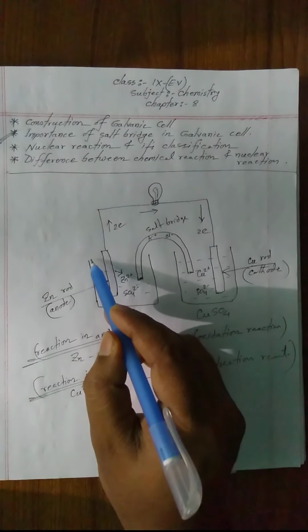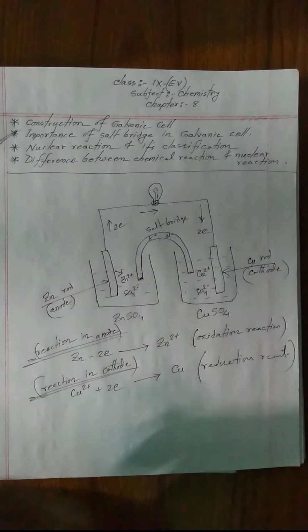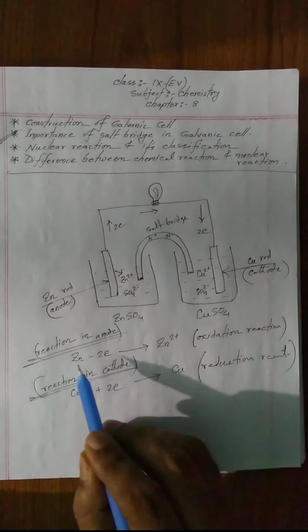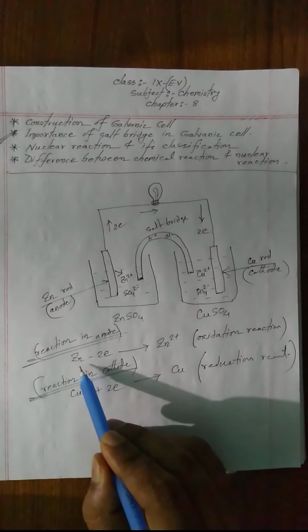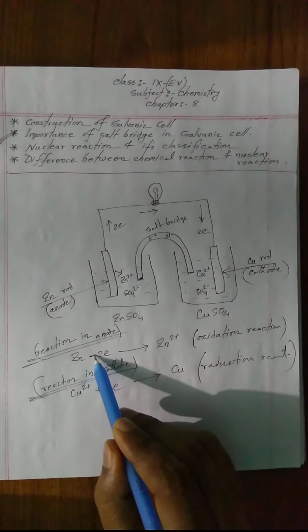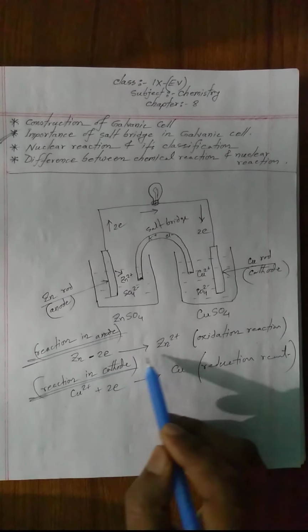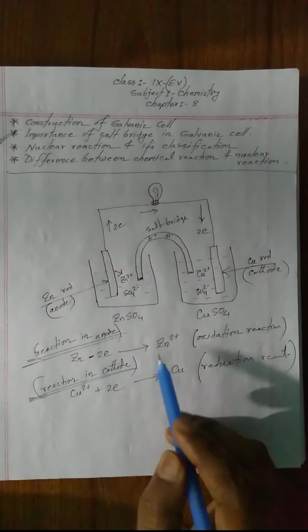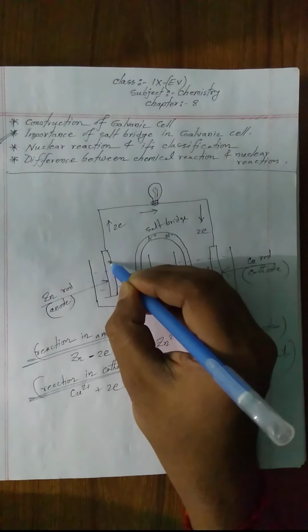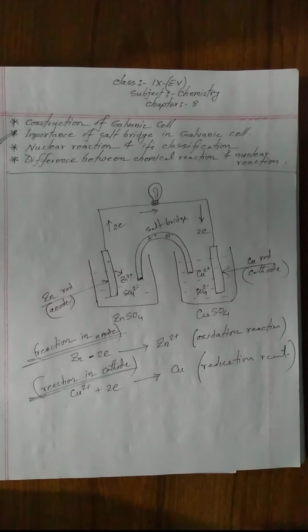In the first pot, the zinc atom from the anode, that means the zinc rod, eliminates 2 electrons and forms zinc ion and goes to solution.